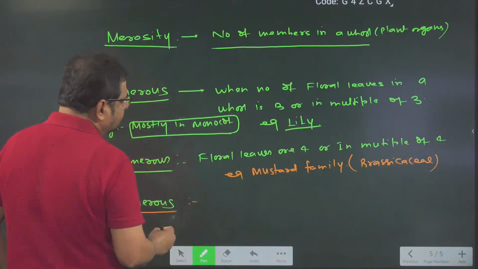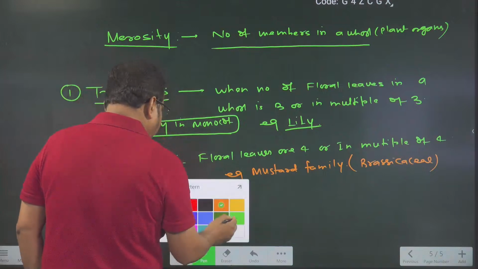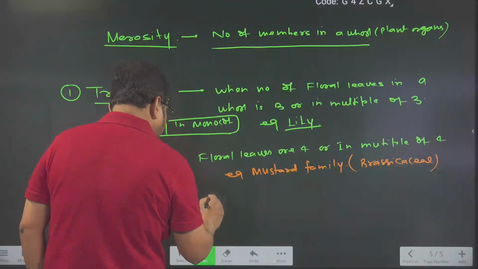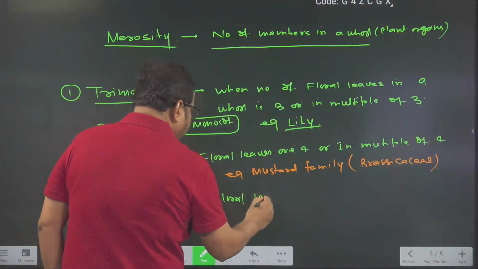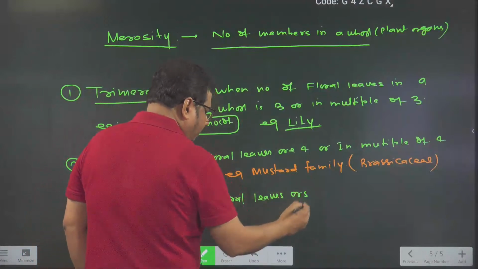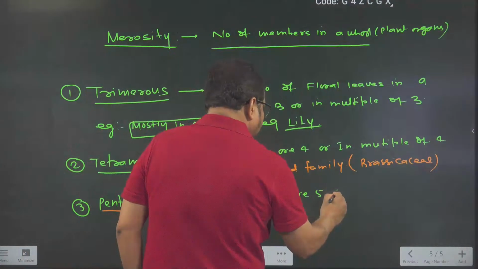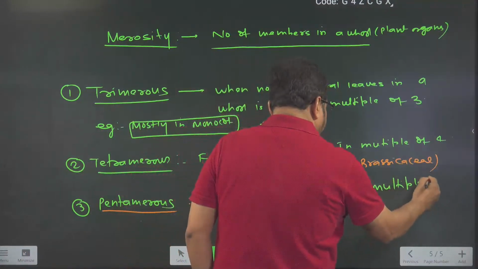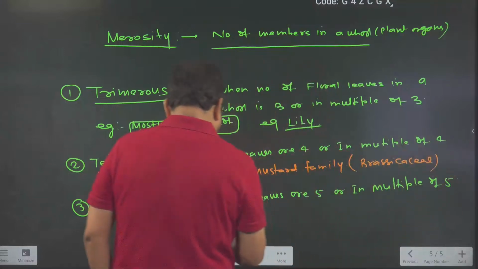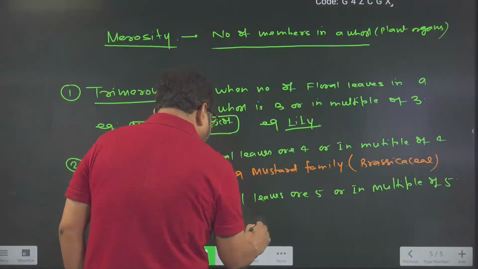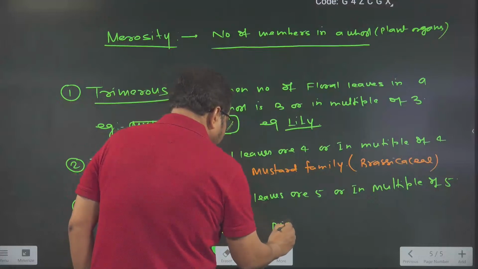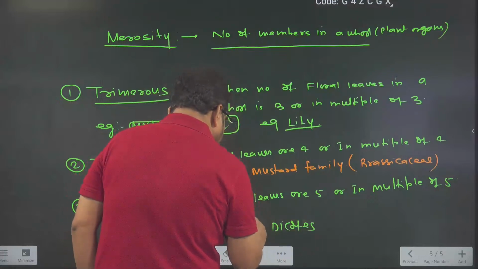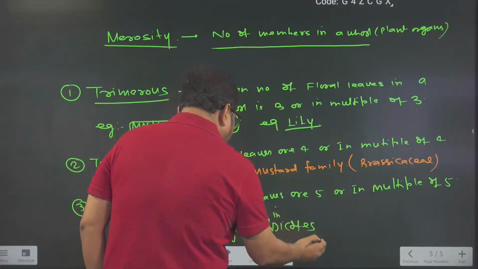In pentamerous, floral leaves are 5 or multiples of 5. Such a condition we find mainly in dicots.